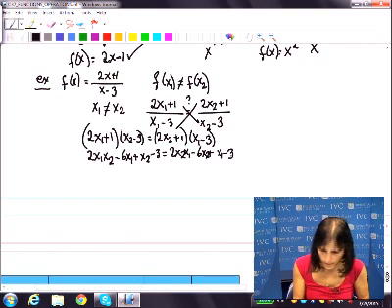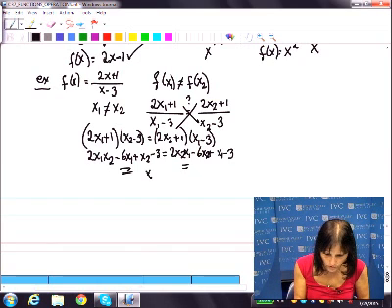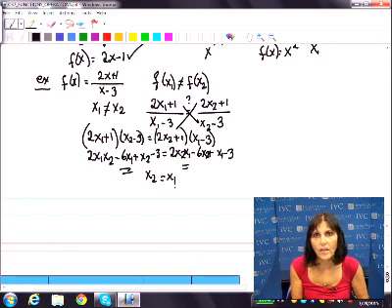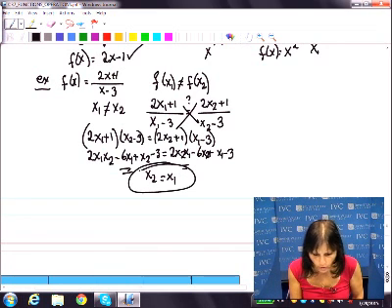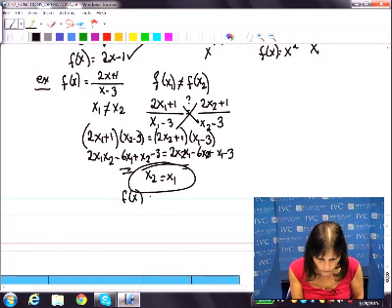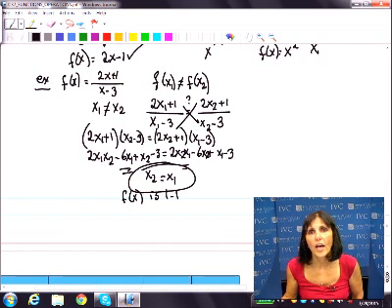This left is going to be equal to the right if x2 equals x1. But I don't want x2 to be x1. So if x2 is not x1, f of x1 is not f of x2. So the only way that can happen is this. That means f of x is one-to-one. This is how you check one-to-oneness. Assume they're equal and see if you have a contradiction or not.